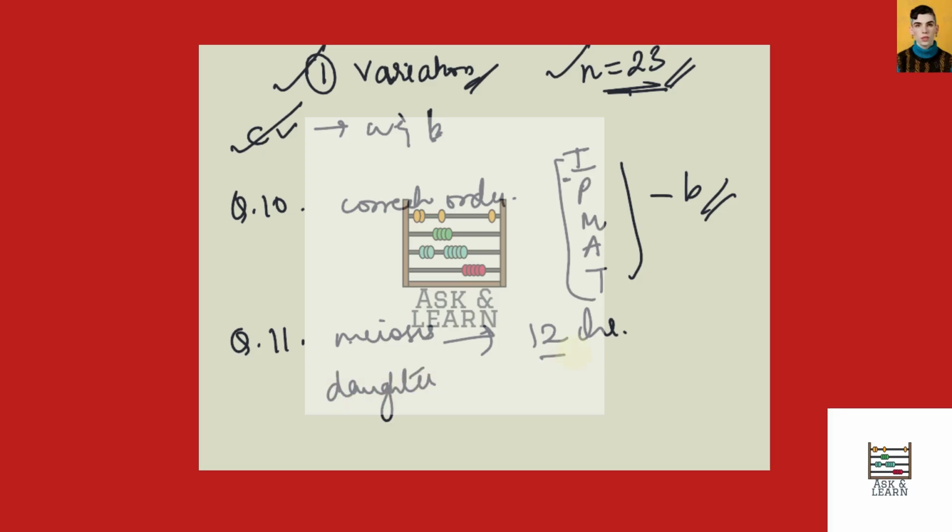So if 12 chromosomes is the diploid number, as we just talked about getting haploid cells at the end of meiosis, so if 2n is 12, the daughter cells, that is n, will have 6 chromosomes. So the number of chromosomes in daughter cells will be 6, that is given in option D. So your answer is D.